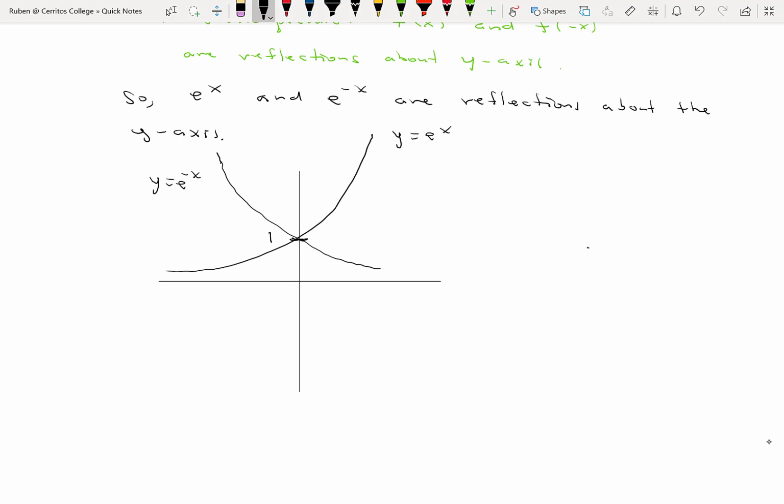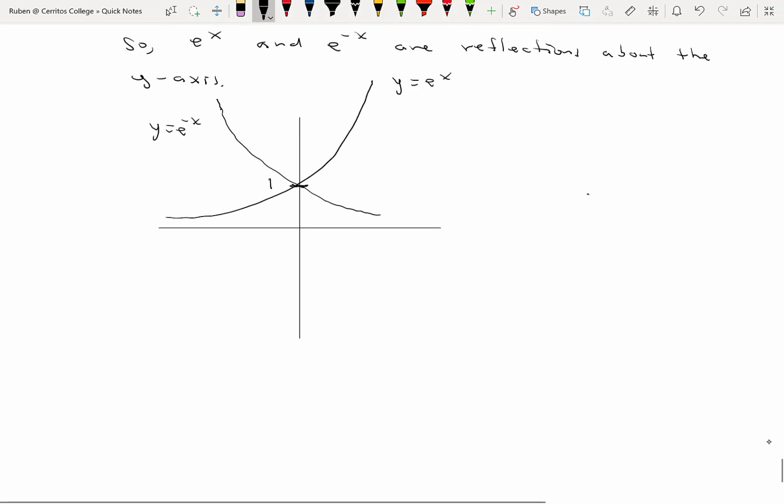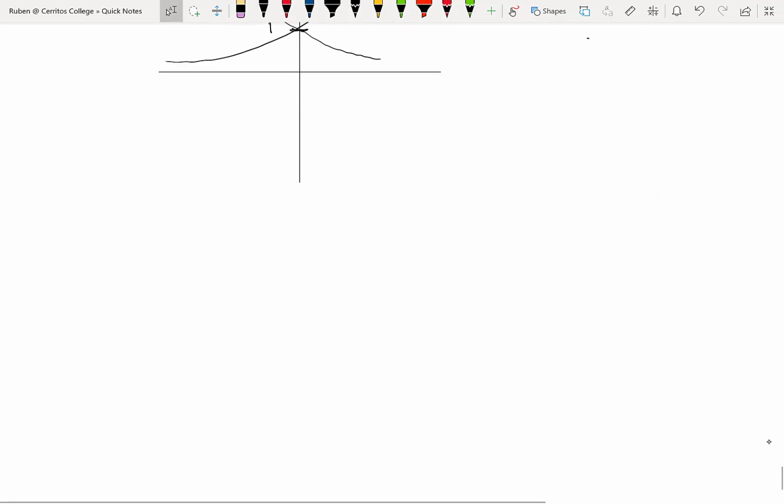Let's do some calculus. Okay. Well, before we get to even the most basic differentiation, let's take a look at a limit or two with exponential functions. So example, evaluate the limit.